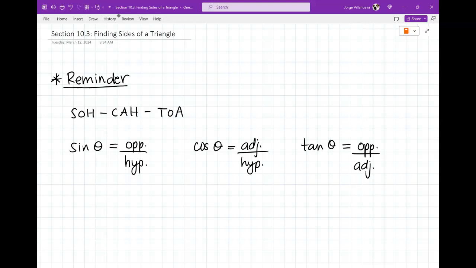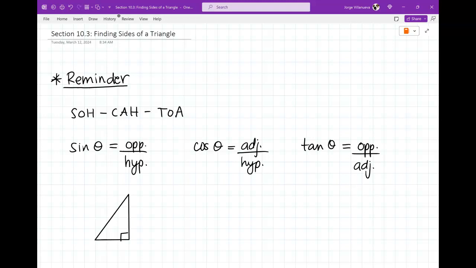Okay, and then we also talked about the triangles and the side names, right? So if you have a basic looking triangle, you have a 90-degree angle right there.